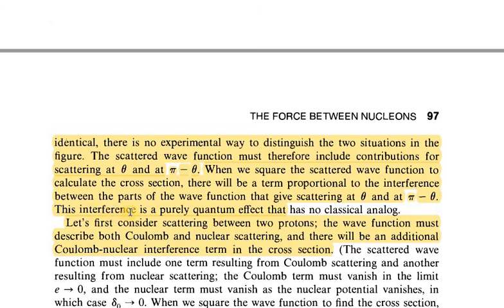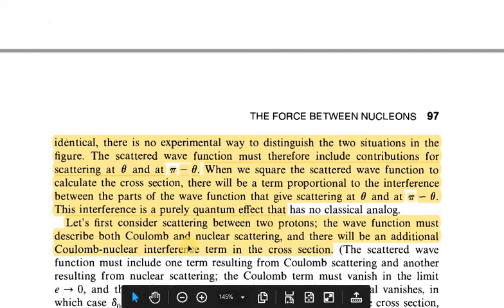This interference is a purely quantum effect. Let us first consider scattering between two protons, the pp scattering. The wave function must describe both Coulomb and nuclear scattering because the proton has charge, and there will be additional Coulomb-nuclear interference terms in the cross section.